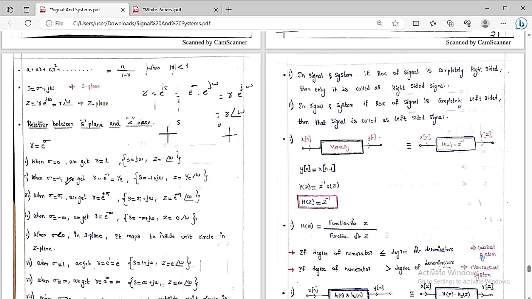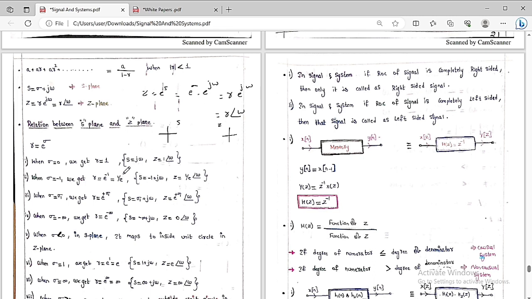Suppose sigma is equal to -1, meaning the left half of the S plane. Then R is equal to e to the power of -1, which is 1 by e. Since e is greater than 1, about 2.7, 1 by e is less than 1.